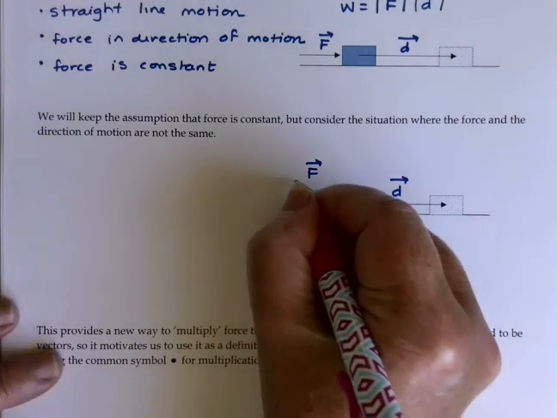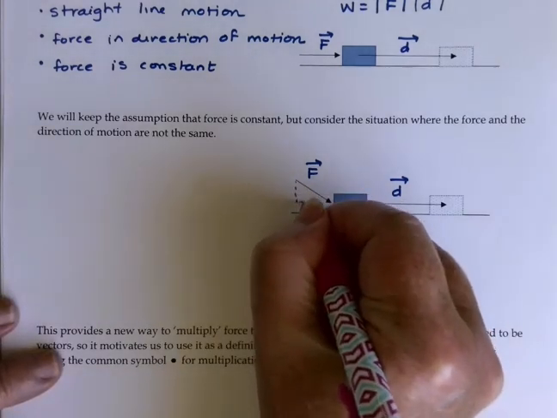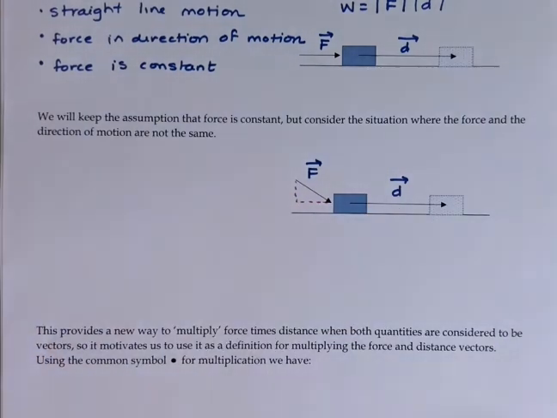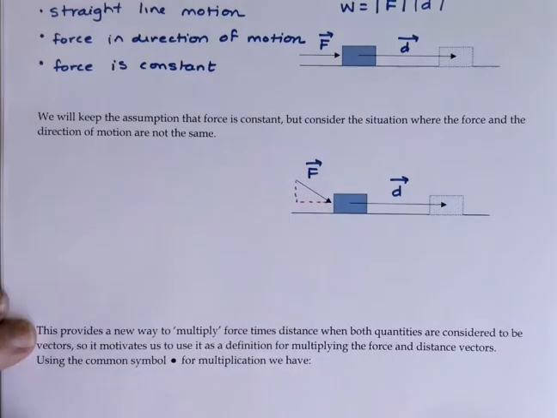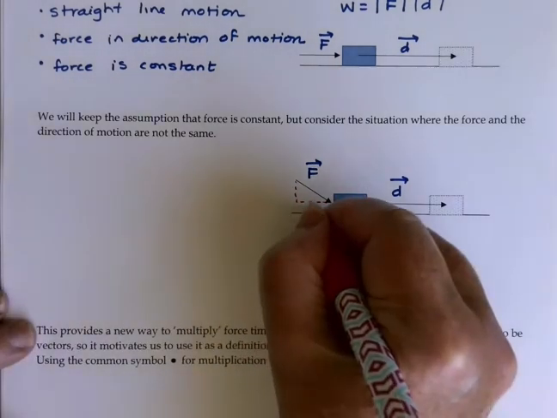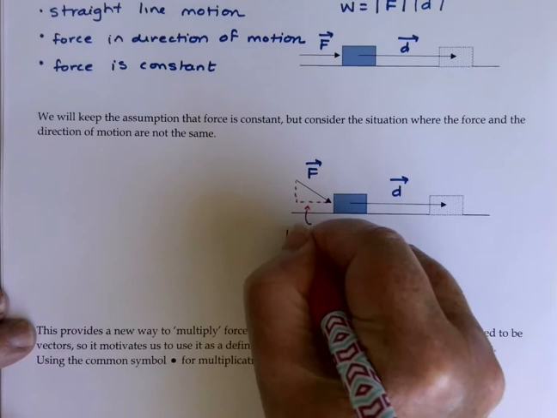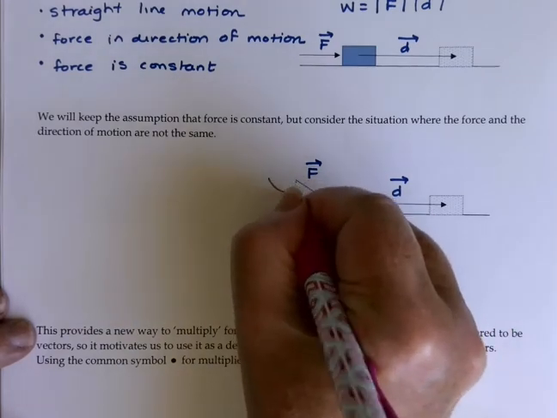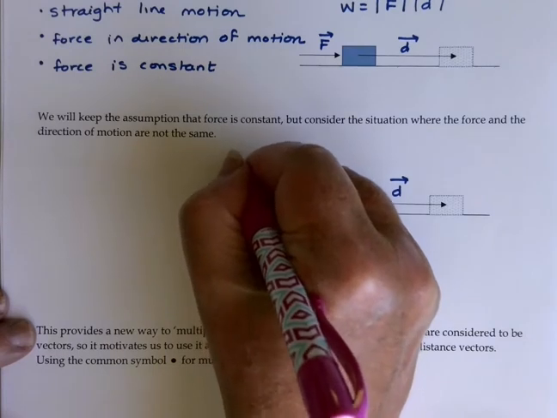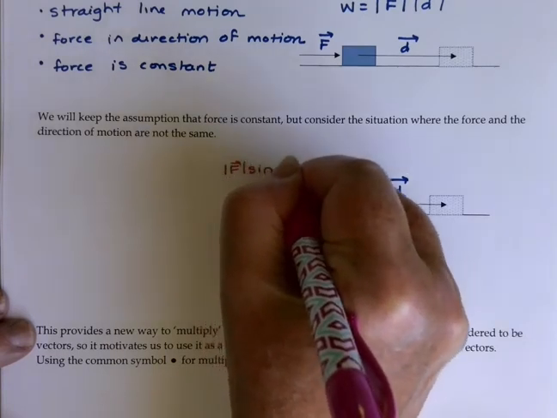If I were to just build a little triangle here, like we've often done for F1 and F2, then the horizontal part here would be the magnitude of F cos theta, and the vertical part would be the magnitude of F sine theta.